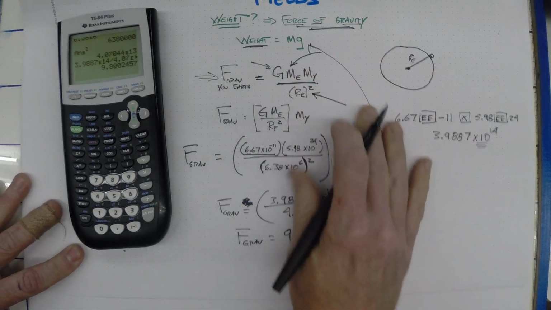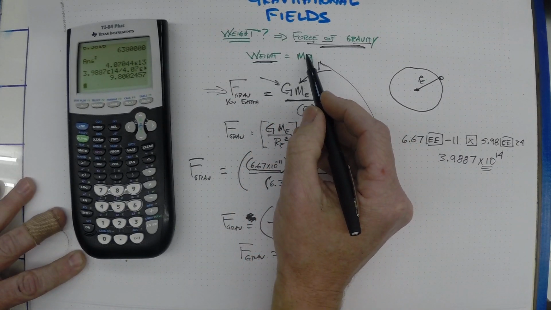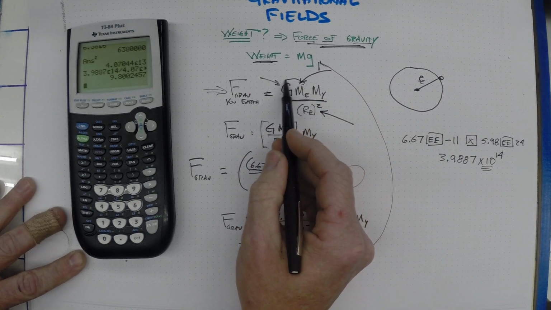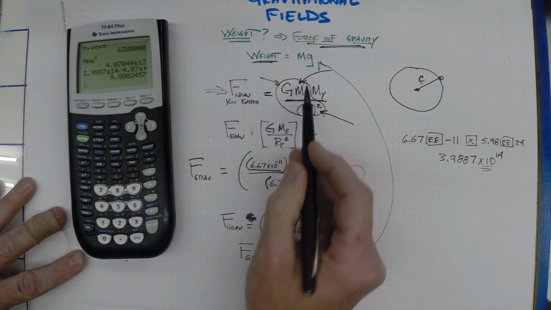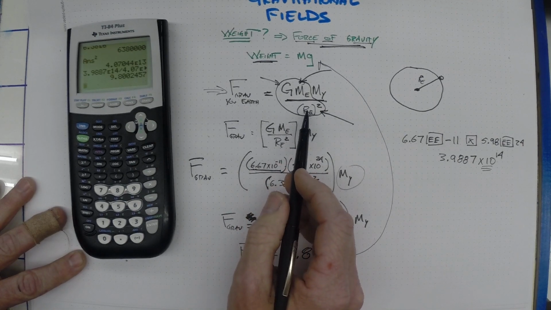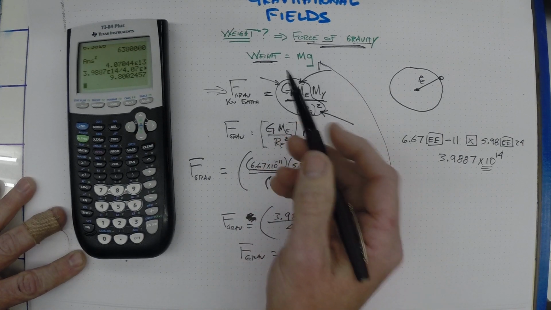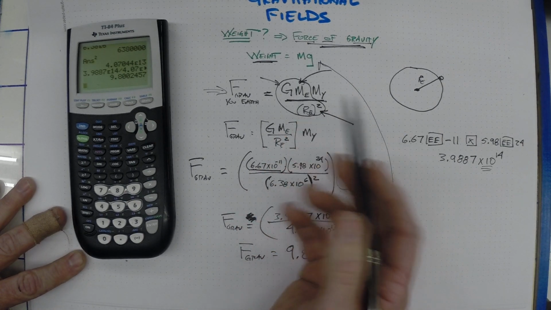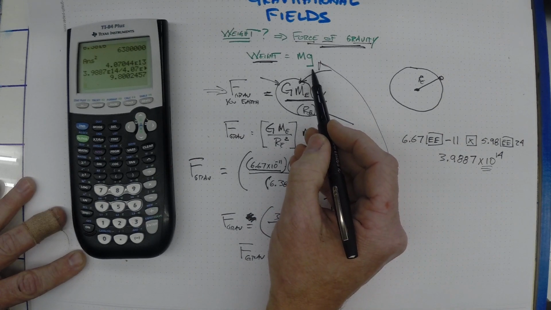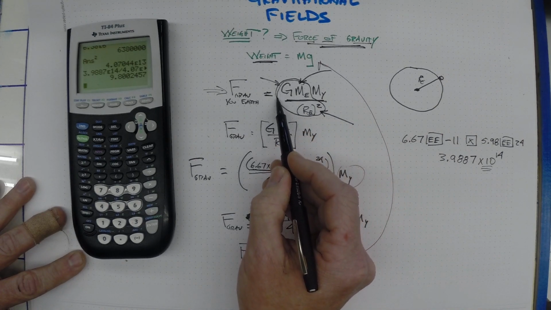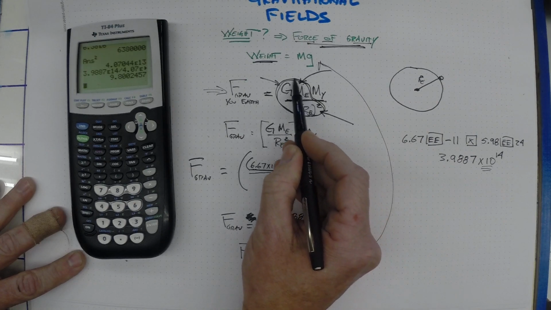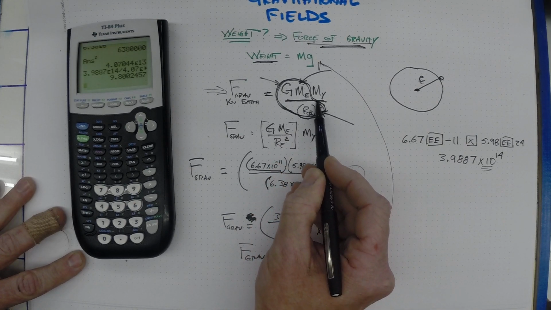See, if you want to find the force of gravity on something, why would you want to go through and redo this whole part of that equation every single time to get G, when the mass of the Earth and the radius of the Earth aren't going to change, basically? So this part of the gravitational formula is a constant that you can find.